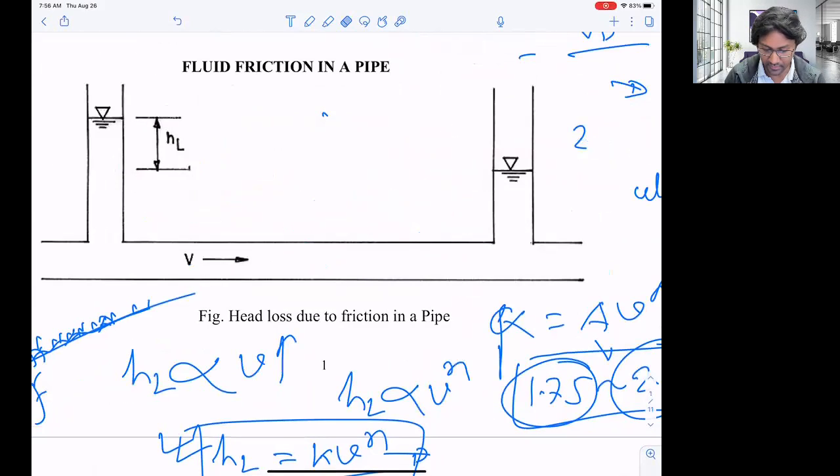We have one pipe that is vertical, and we are attaching different piezometers or smaller pipes, and we'll measure that pressure, and based on that we'll calculate the head loss directly, right? But because the pipe is big, if we use any kind of water manometer or water piezometer, then it will be bigger, so we won't be able to cover that.